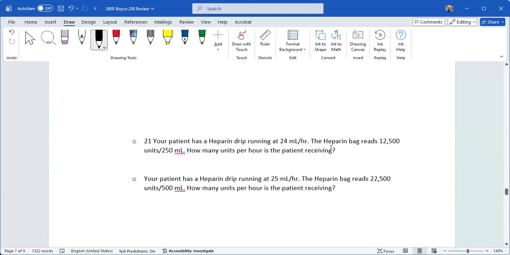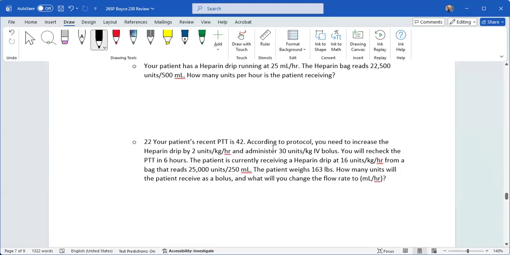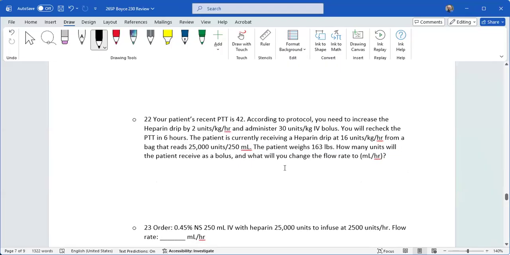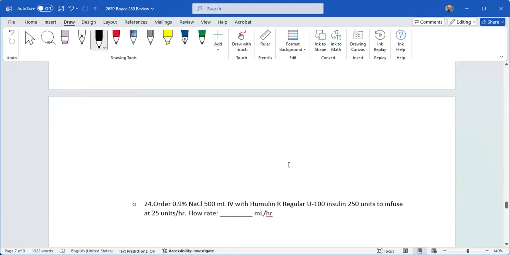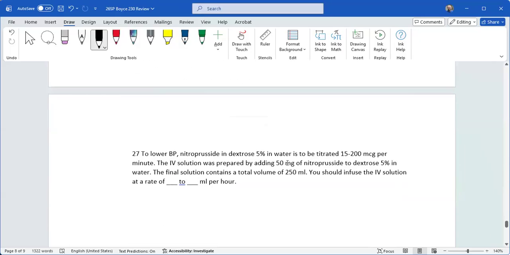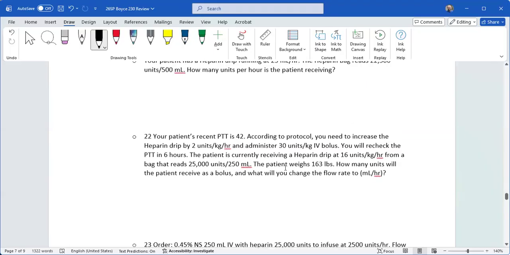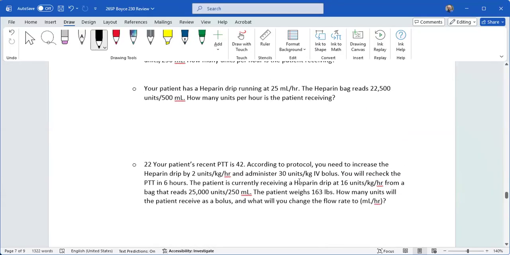Don't have that. Give me 1 second. Sorry. So some of these don't have the bolus, but that's okay.